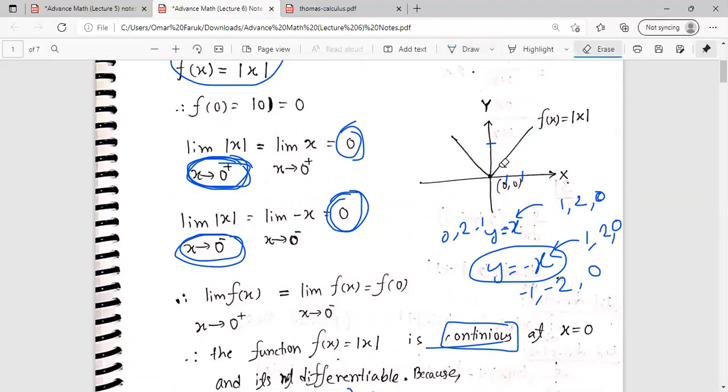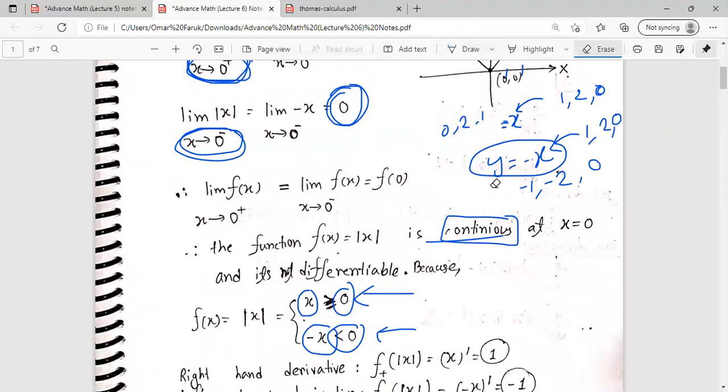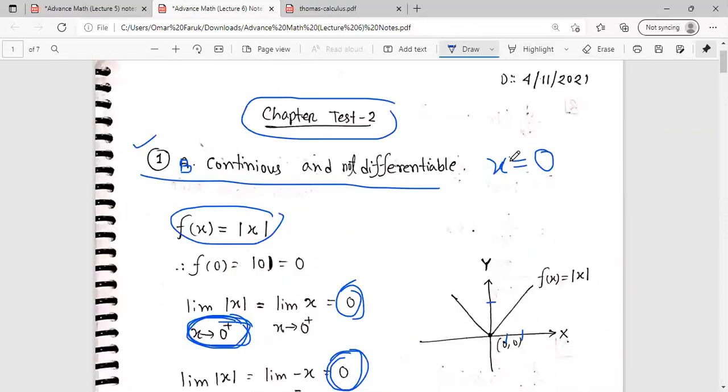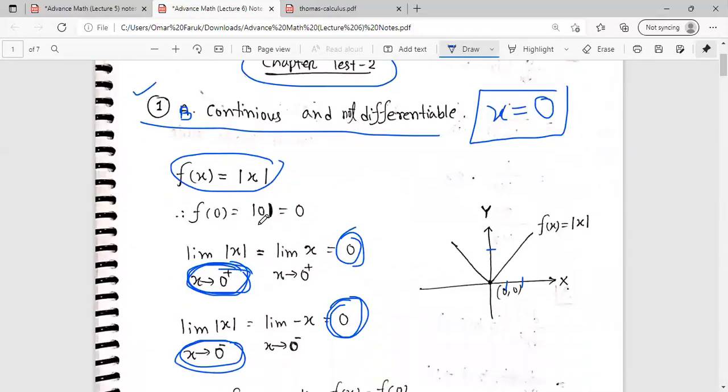So now let's see what our left hand limit, right hand limit, and f of x are. In our question, it was asked whether the function is continuous at x equal to 0, so for f of x here we just take 0. If the question asked whether this function is differentiable or continuous at x equal to 2, then we would calculate f of 2.